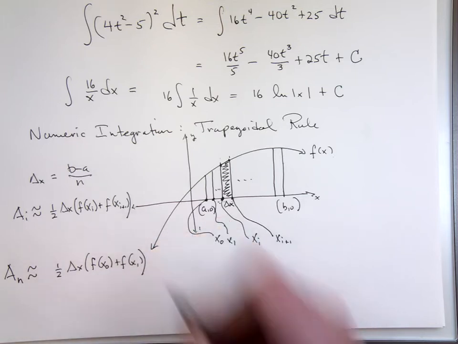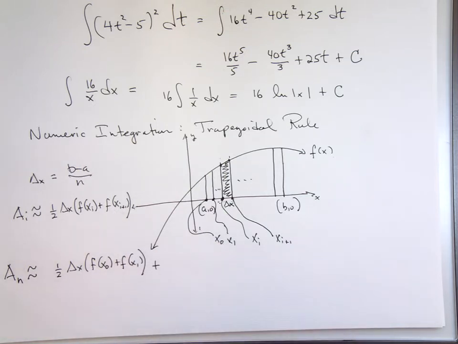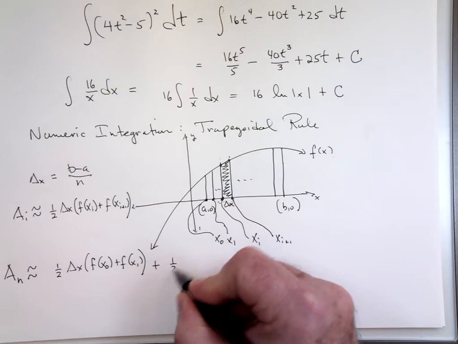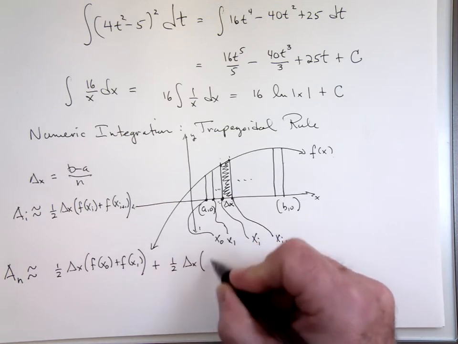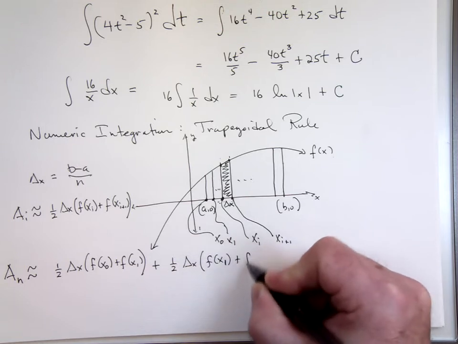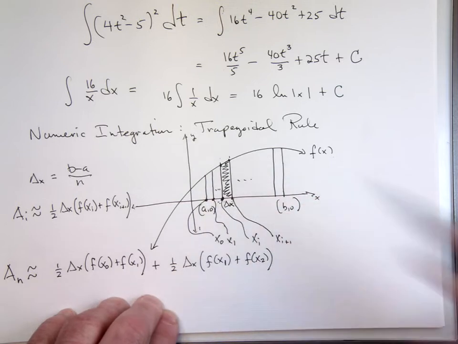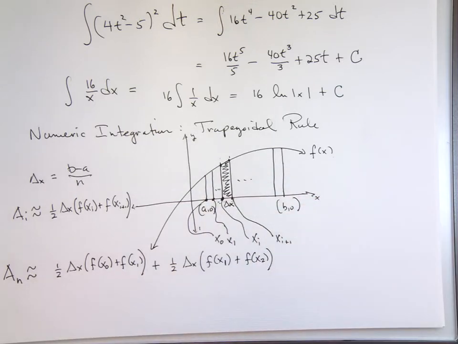That would be the first one. Plus the second one, 1/2 delta x, f of x sub 1 plus f of x sub 2. That would be the second one. Is everybody with me? Everybody see what I'm doing here? Are you with me?